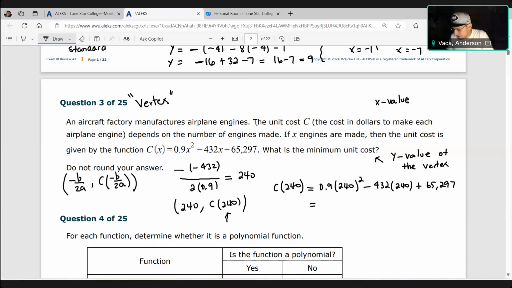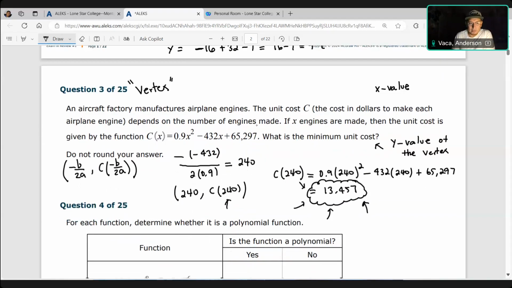All right, time to use the calculator again. 0.09 times 240 quantity squared minus 432 times 240 plus 65,297, and we get a total of 13,457. So what is the minimum unit cost? The minimum unit cost is 13,457. All right, then let's move on to the next problem.